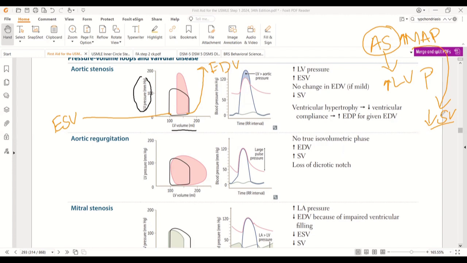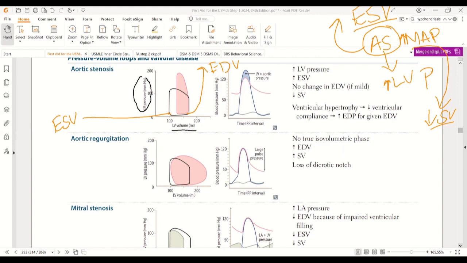So what happens when mean arterial pressure increases in aortic stenosis? What happens to the end-systolic volume, increase or decrease? There is no change to the end-diastolic volume, but your end-systolic volume will increase, because the heart is working against the higher pressure.